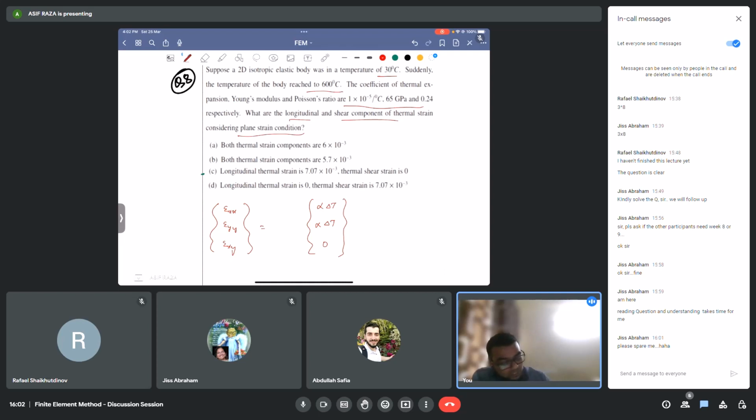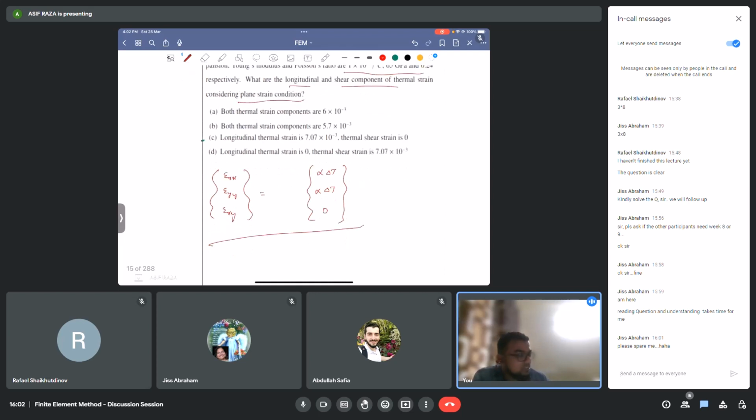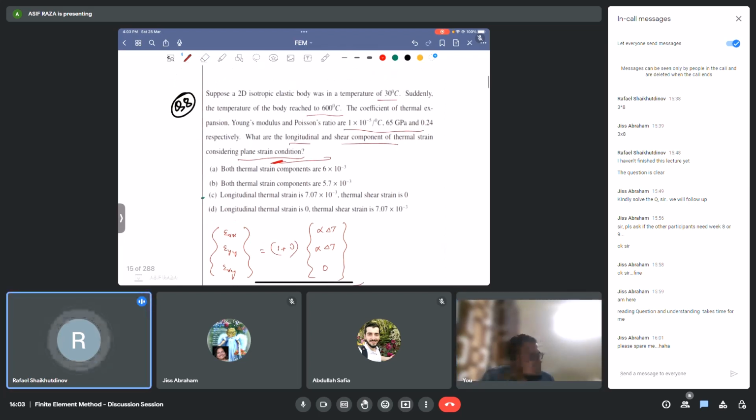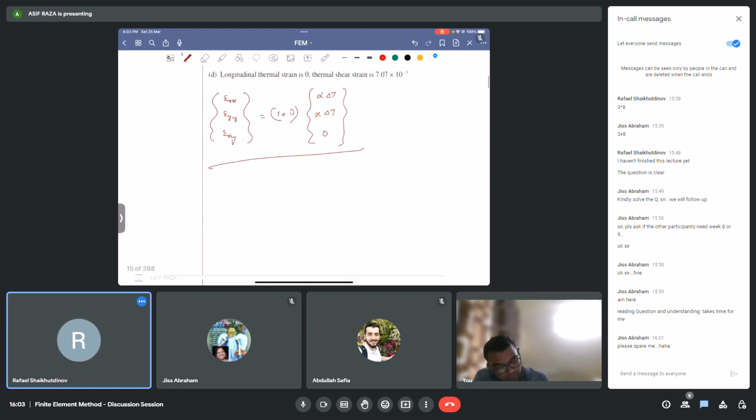I wrote this equation, but it is incomplete. This is the plane strain condition, so we'll just need to multiply by 1 plus nu. By the way, you said an interesting thing: why is it different in plane stress and plane strain? Okay, I forgot that.